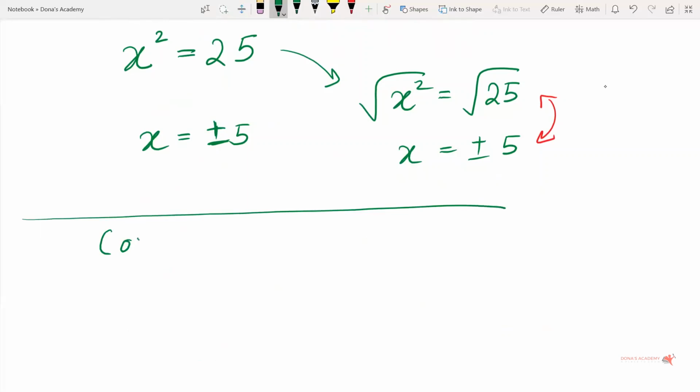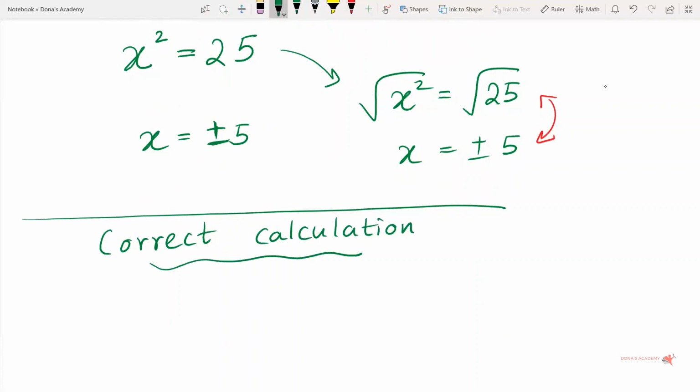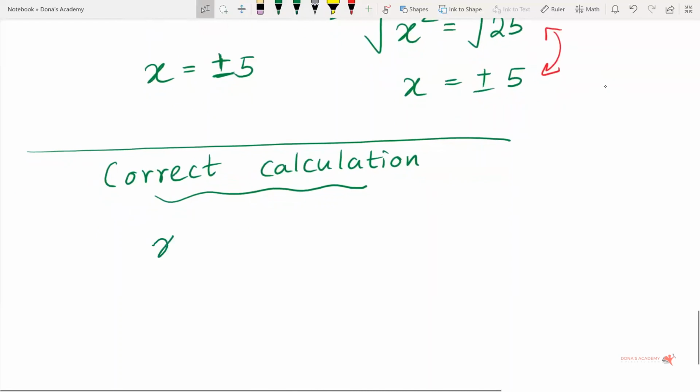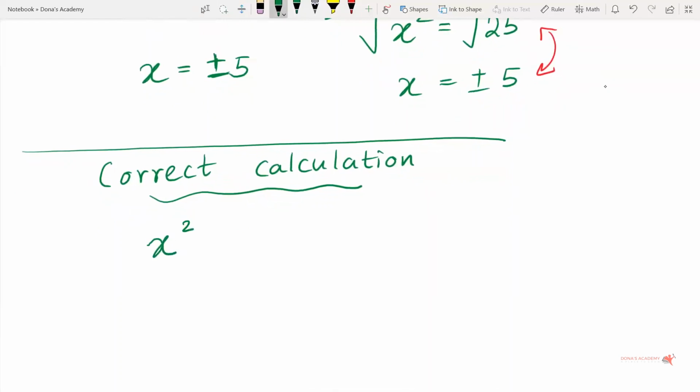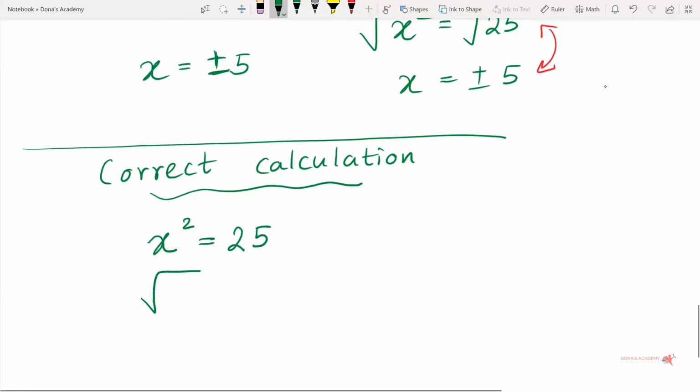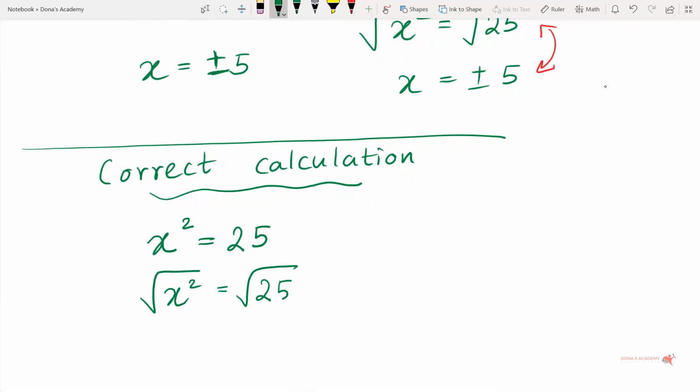Correct calculation to solve this equation. So we have x squared equals 25. Then we write the square root of x squared equals the square root of 25. This is exactly correct, because if these two numbers are equal to each other, then their square roots should be equal to each other.